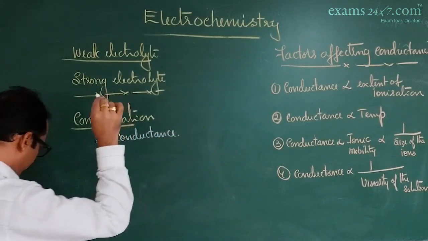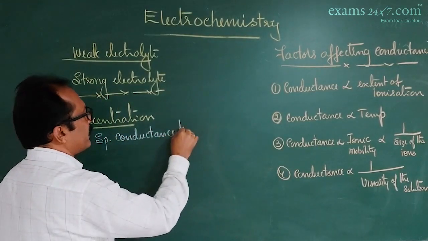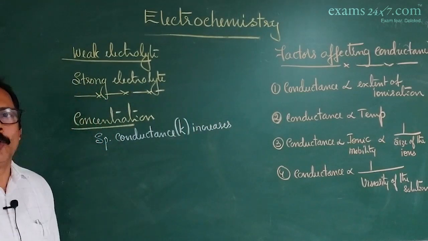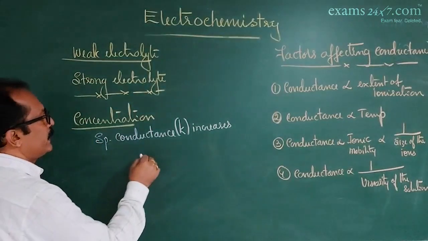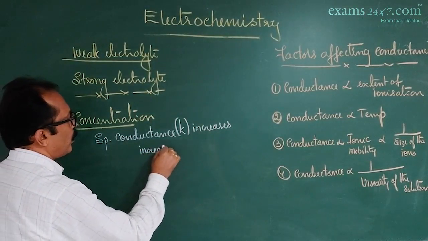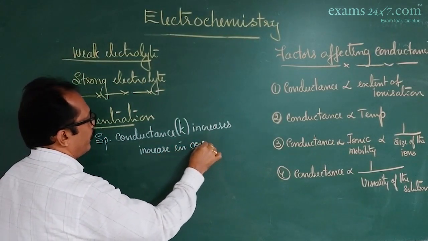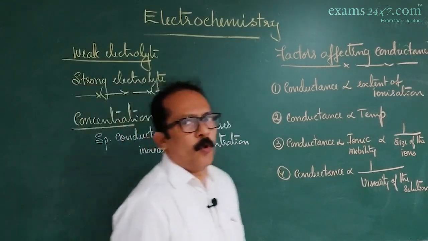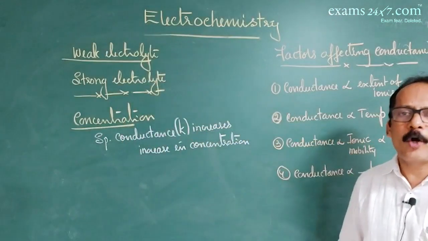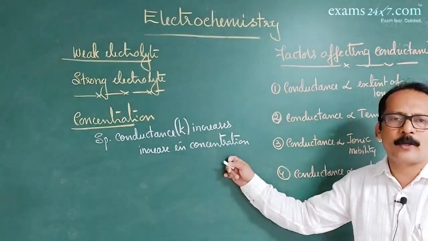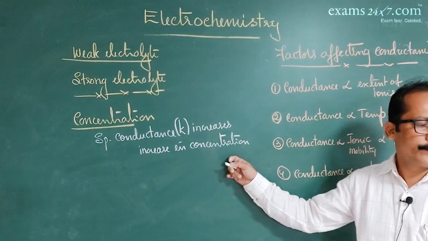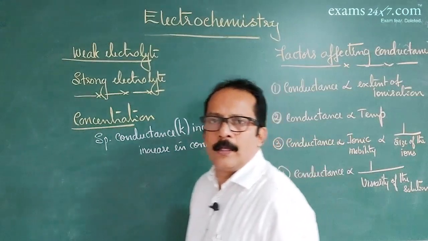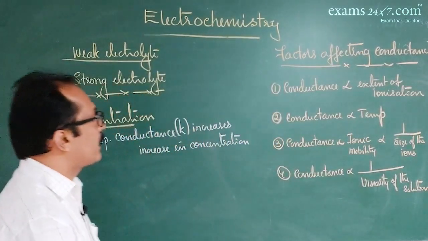Specific conductance increases with increase in concentration. Why does it increase? When concentration increases, the number of ions per unit volume increases. Therefore, specific conductance increases.